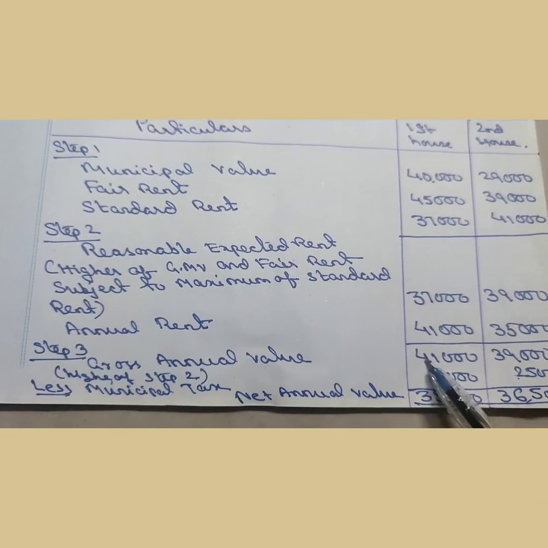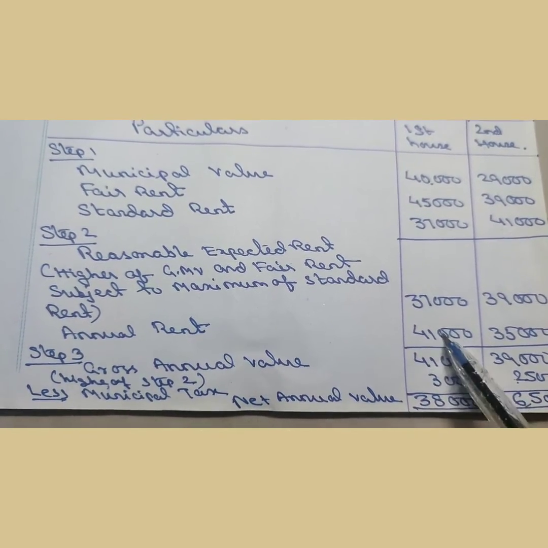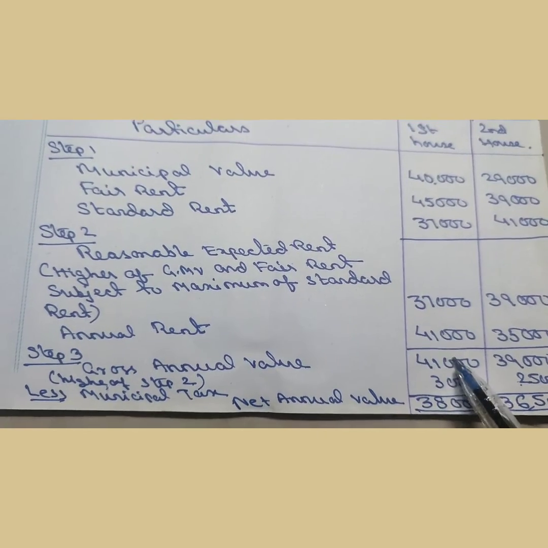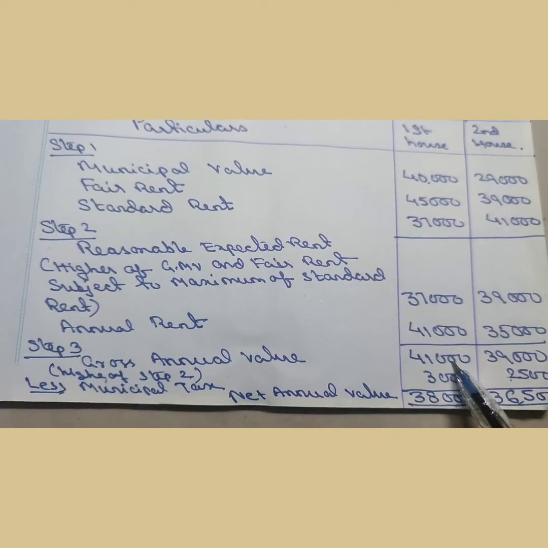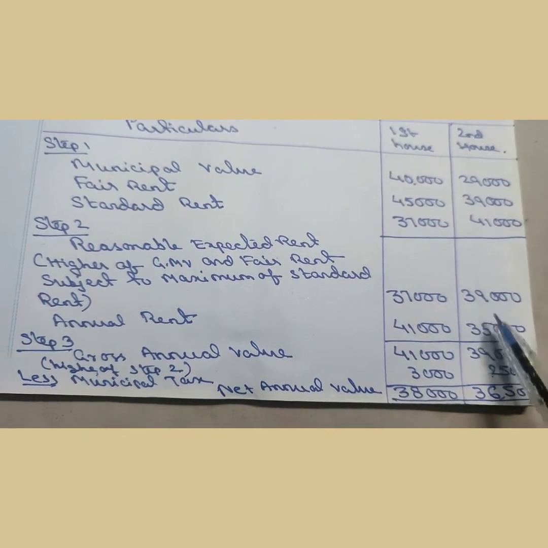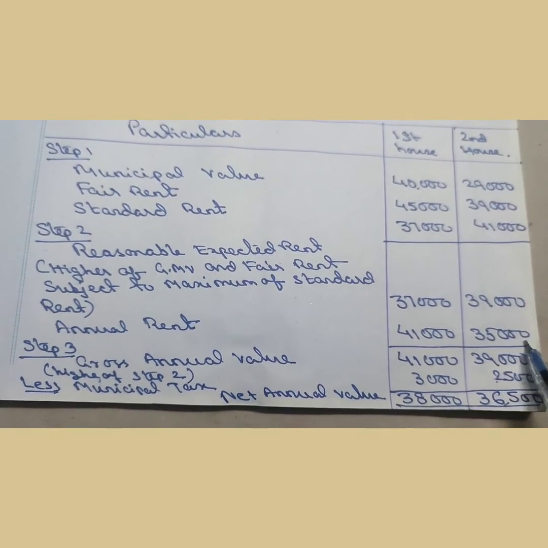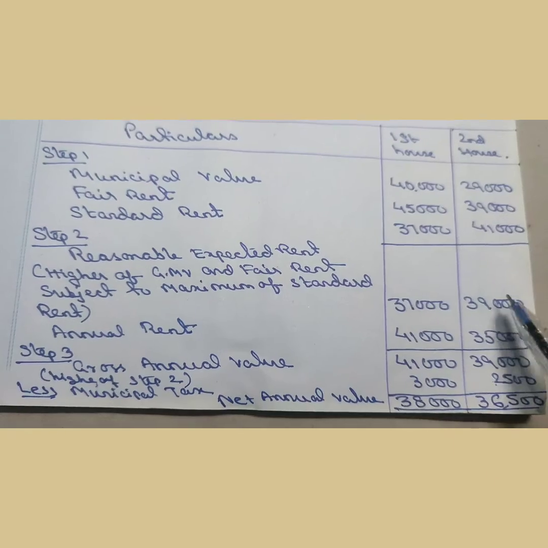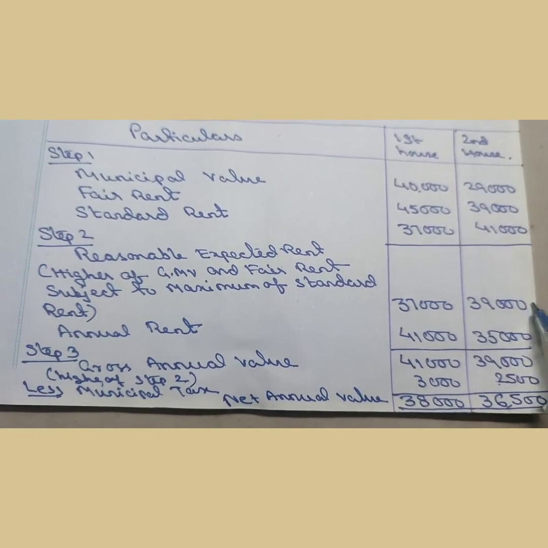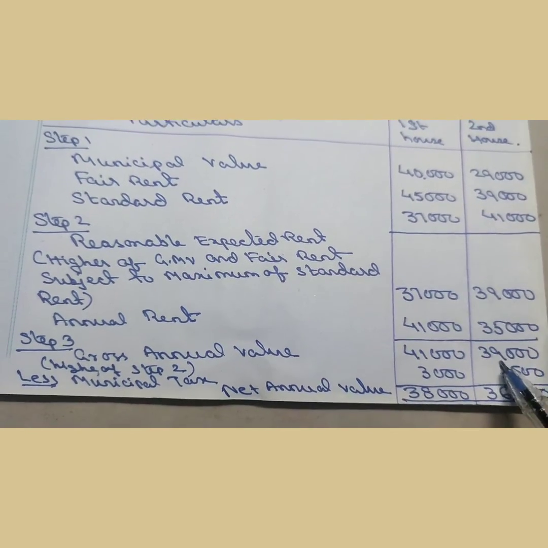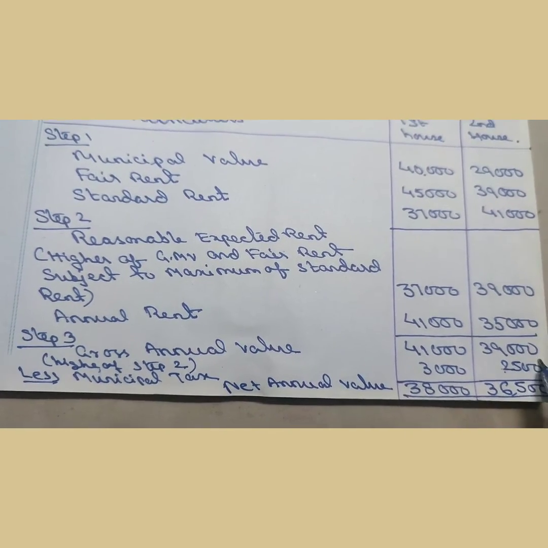Comparing these two, we get this one is higher. 41,000 is higher. This should be gross annual value for house 1. And in case of house 2, 39,000 is reasonable expected rent and annual rent is 35,000. By comparing these two, we get 39,000 is the higher amount. So this will come as gross annual value.